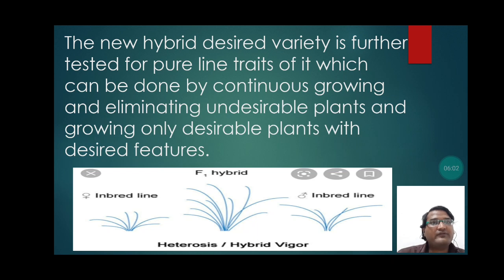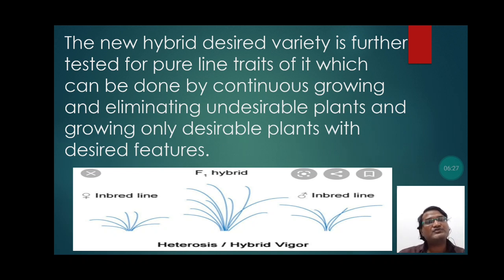The new hybrid variety is further tested for pure line traits of it, which can be done by continuous growing and eliminating undesirable plants and growing only desirable plants with desired features.